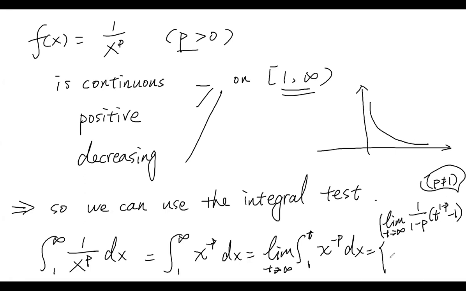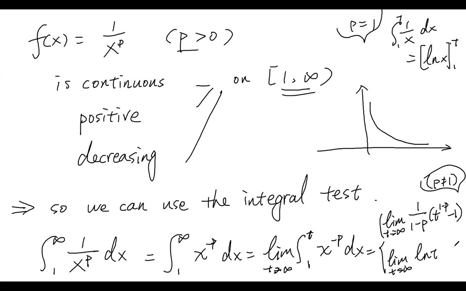And if p is equal to 1, then you get the integral of 1 over x from 1 to t. This integral is equal to natural log of x, evaluated at 1 and t. So that's equal to the limit as t approaches infinity of natural log of t when p is equal to 1. At the other endpoint, natural log of 1 is just 0, so there's only natural log of t here.